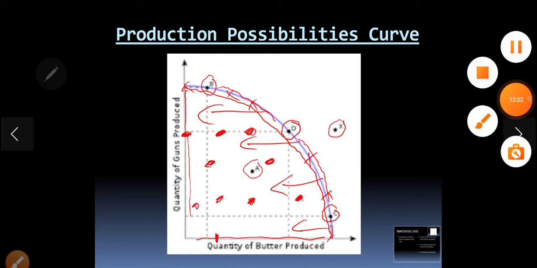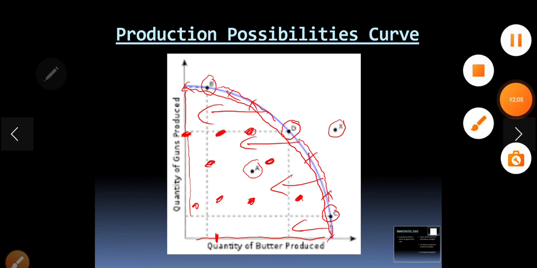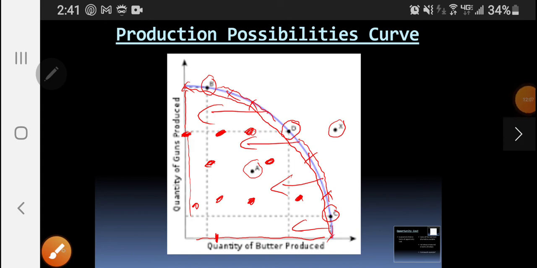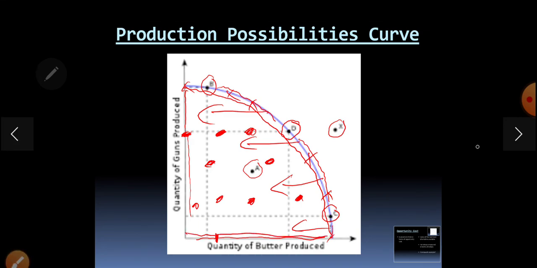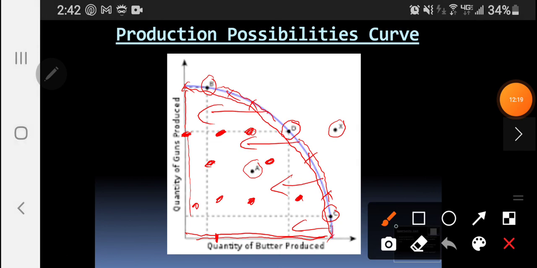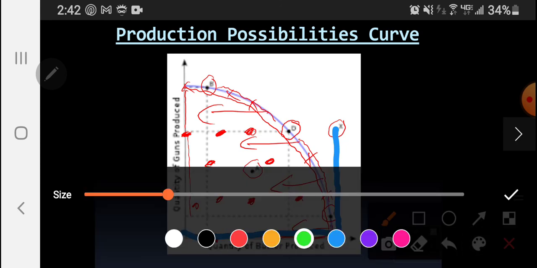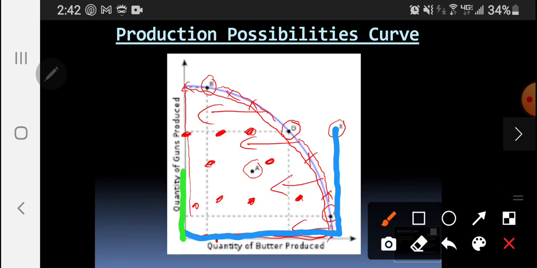Okay, now, if you decide to make this amount of butter, so that you're right underneath the X, and you decide to make this amount of guns, so that you're right next to the X, here's my question.